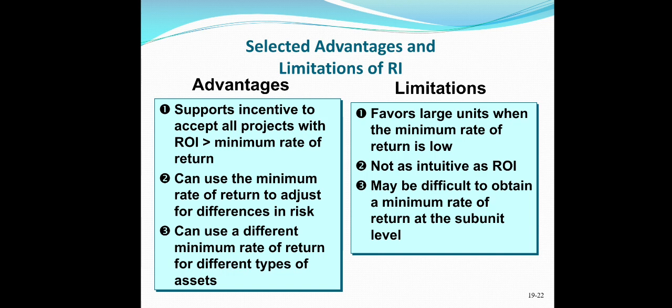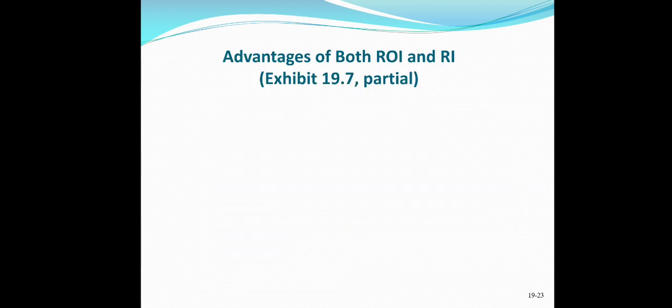You have to evaluate the characteristics of the segment or investment, and then compare with other investments. So it is not a straightforward process. It is maybe a complex process.